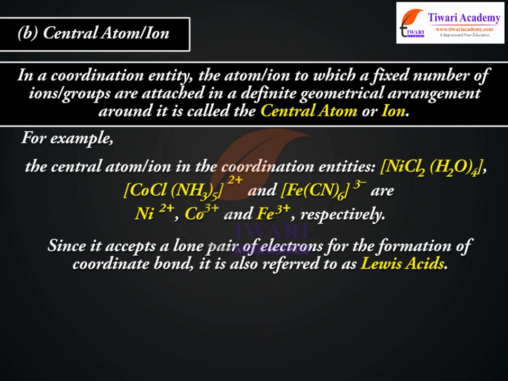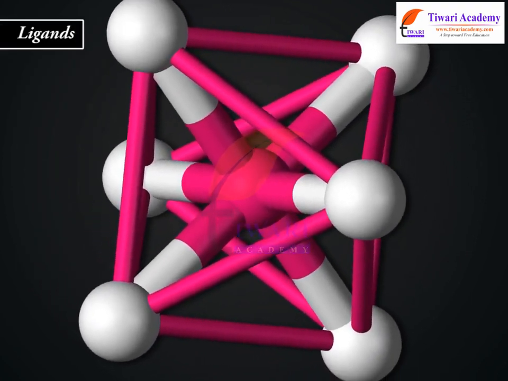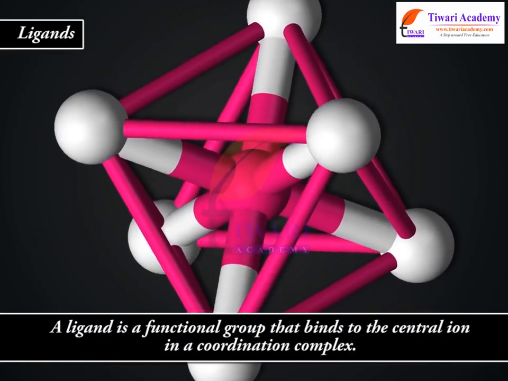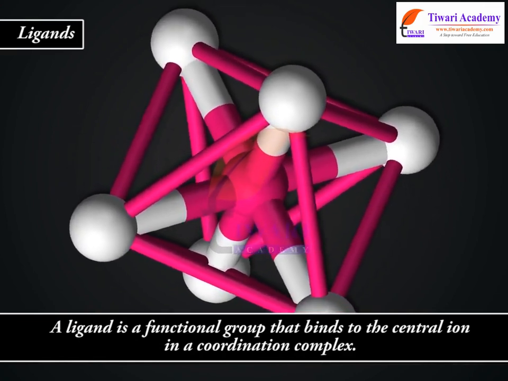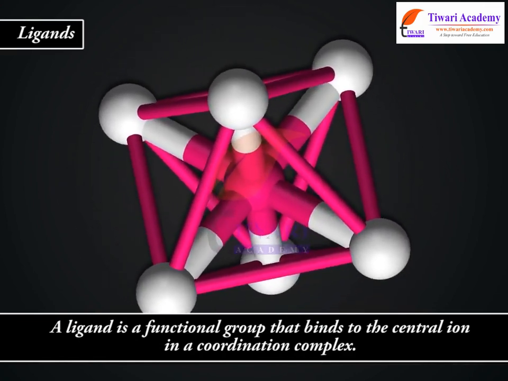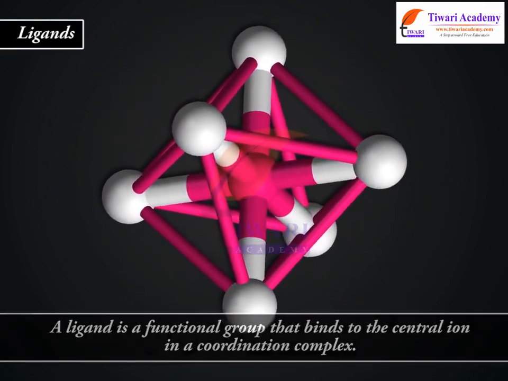Since it accepts a lone pair of electrons for the formation of coordinate bond, it is also referred to as Lewis acids. Ligands. A ligand is a functional group that binds to the central ion in a coordination complex.